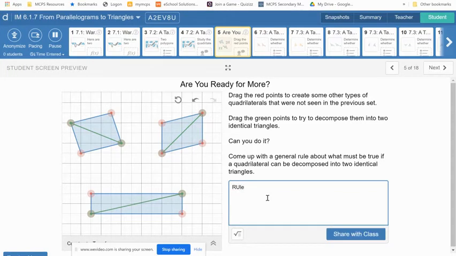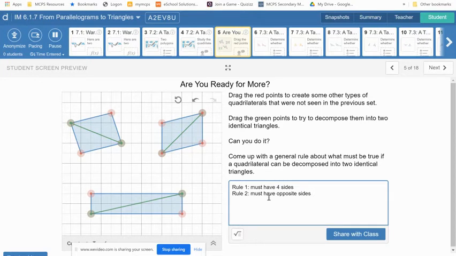Rule number one. Must have four sides. Rule two. Must have equal opposite sides.